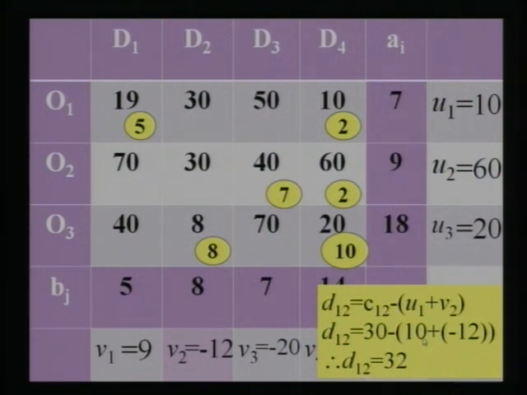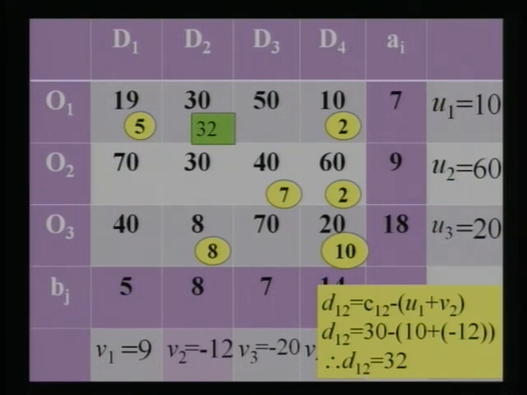So minus minus plus 2, and it is added to 30. So it becomes 32. So D12, the opportunity cost value for this first unoccupied cell, is 32, and this we write in the southeast corner in a square. Okay, so it is written 32 there. So first opportunity cost is calculated.